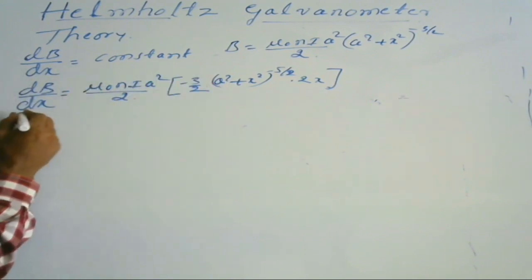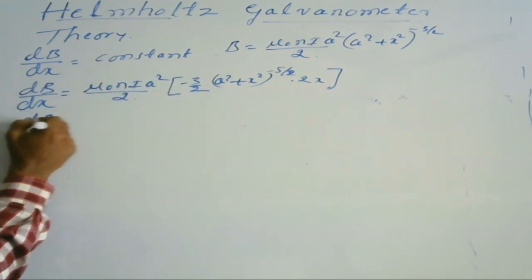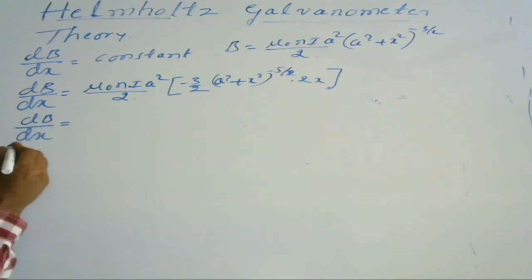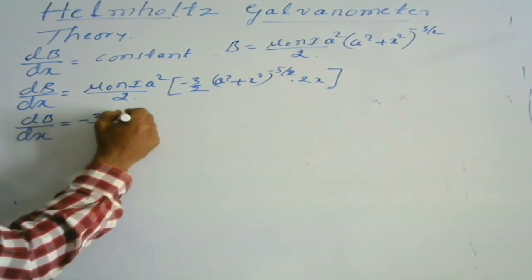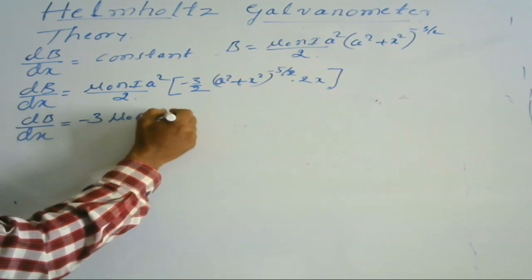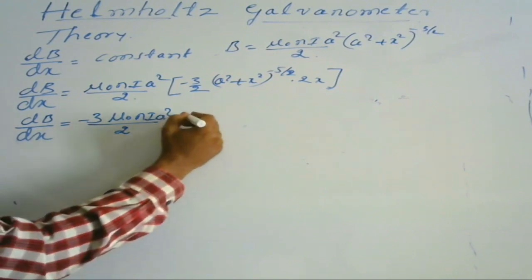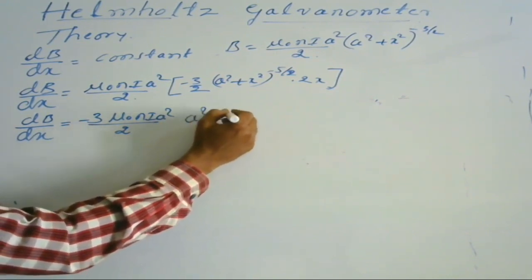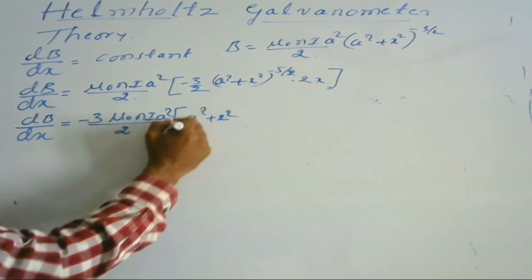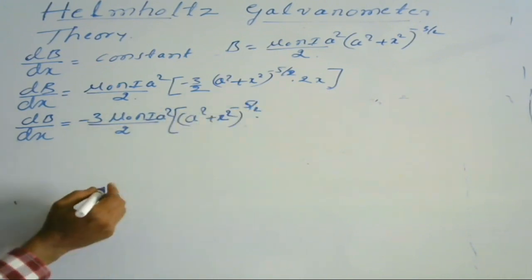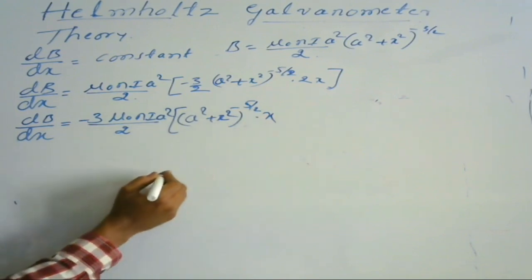On simplification, we can write dB by dx is equal to minus 3 mu naught N I A square divided by 2 into (A square plus x square) raised to minus 5 by 2 into x.